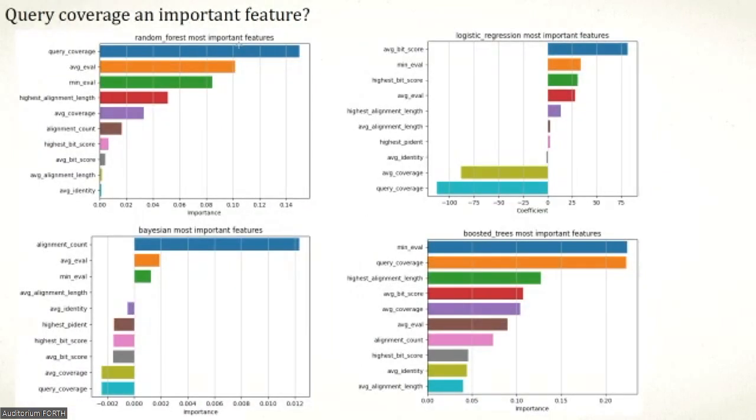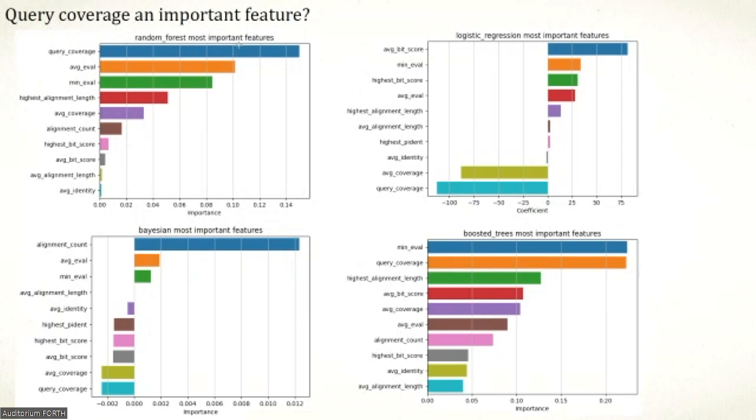And so the last thing, and I still have plenty of time. That's great. The story is a lot simpler than I thought. The last thing is that we looked at which features came up as the most important.